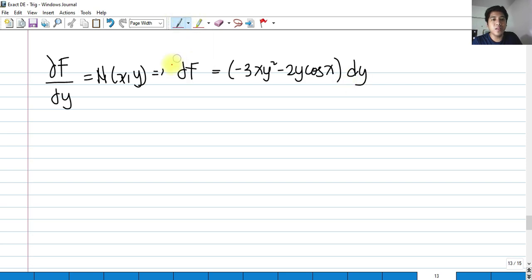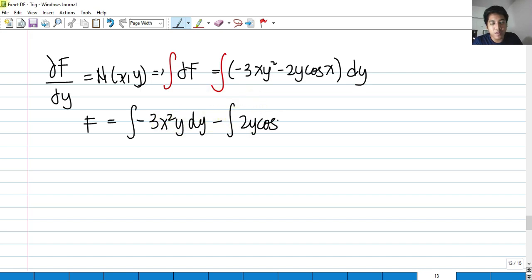So if we integrate both sides to obtain r of x, we have f is equal to negative 3x squared y dy minus integral of 2y cosine of x dy. Since we are integrating with respect to y, any other variable aside from y is considered as constant.